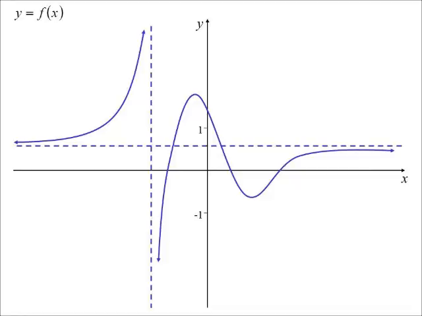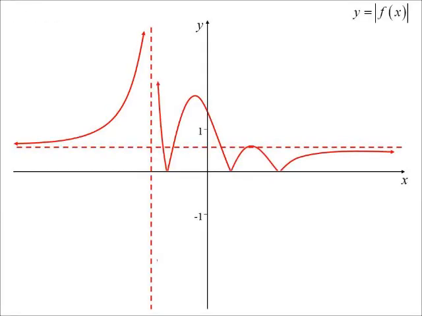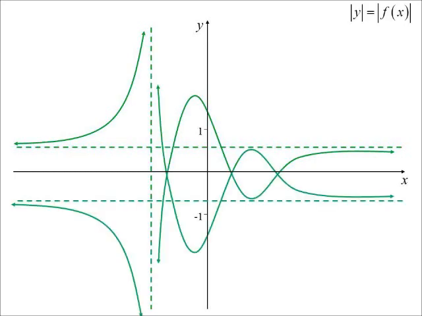So there's the original graph. There's absolute value of function x. What do we want? We want absolute value of y is equal to that. So absolute value of y, there's y equals absolute value of function x. So, voila! Is that cool or what? There's absolute value of y equals absolute value of function x.